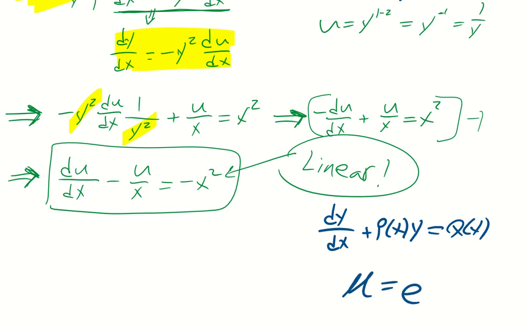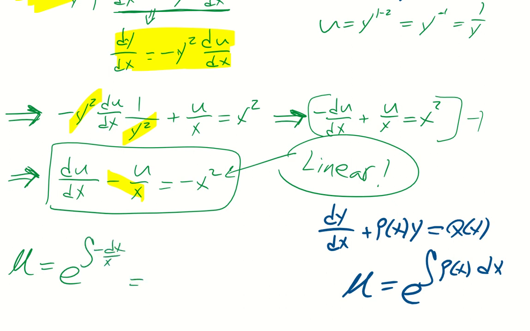Mu is equal to e raised to the indefinite integral p of x dx. So what's p of x in this case? It would have to be minus 1 over x. So mu is equal to e raised to the indefinite integral minus dx over x. Let's solve that integral. So that would be minus natural logarithm of x.